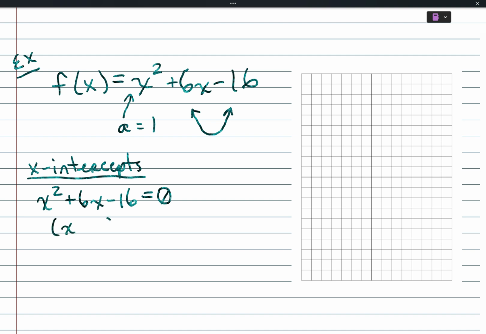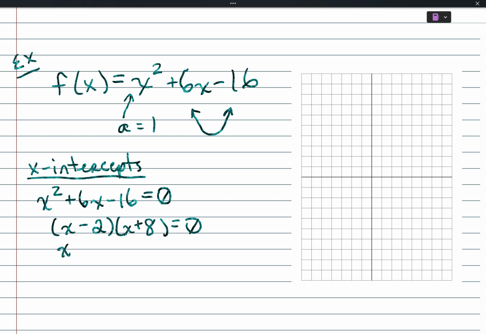Alright, so I'm going to put an x in both sets of parentheses and say what times what makes negative 16, and the same two numbers when I add or subtract will make a positive 6. I'll say a positive 8 and a negative 2. Positive 8 times negative 2 makes negative 16, and positive 8 and negative 2, when I add them, make positive 6x.